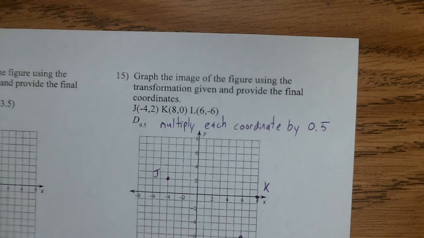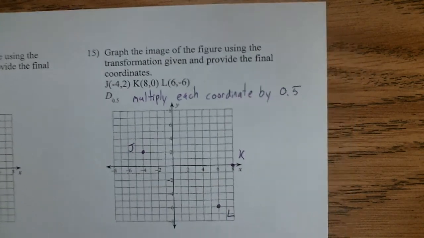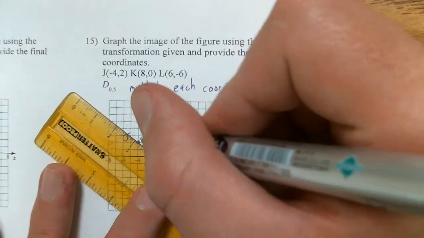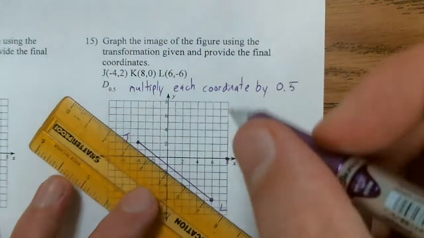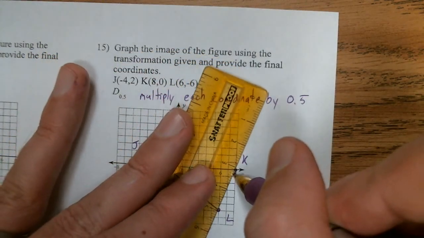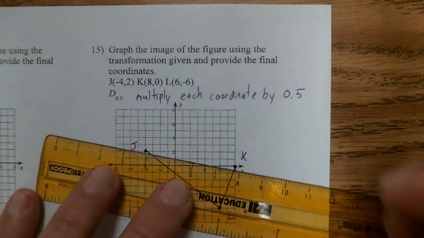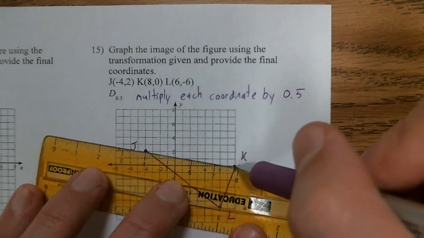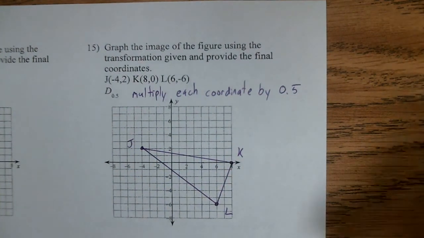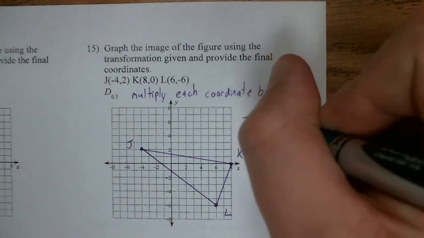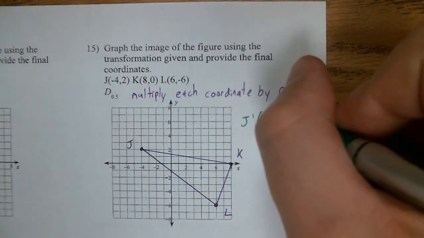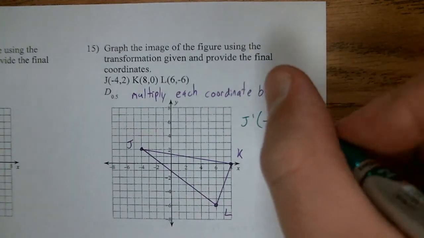And let's go ahead and connect the dots. Okay, and then our final coordinates, J prime, I'm going to multiply everything by 1/2, so divide by 2, that'll be -2, 1.